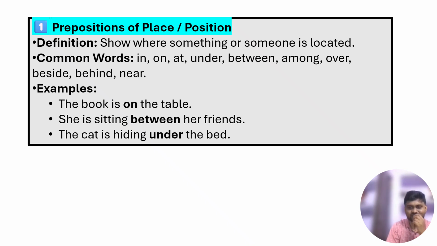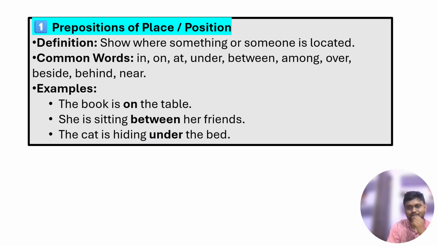These are prepositions which are used to show where something is located, and the common words are in and on, which are used to show the position of an object or a thing above something. Under is used to show the position of something which is just beneath it.